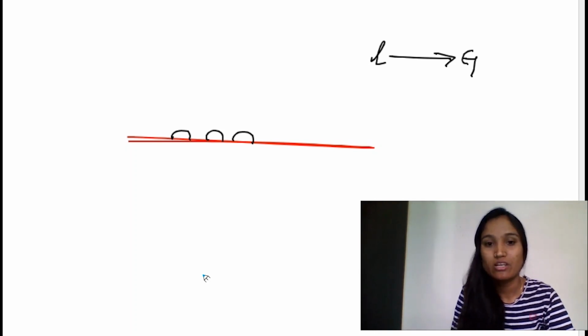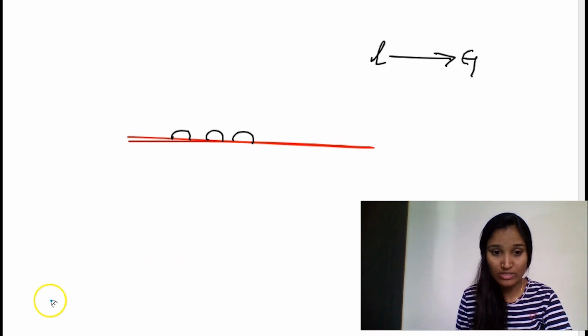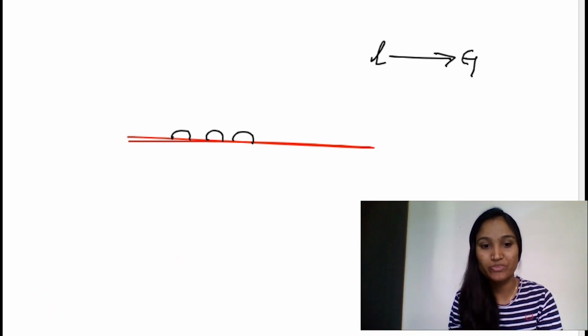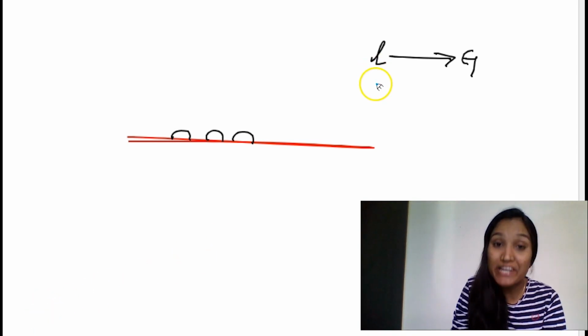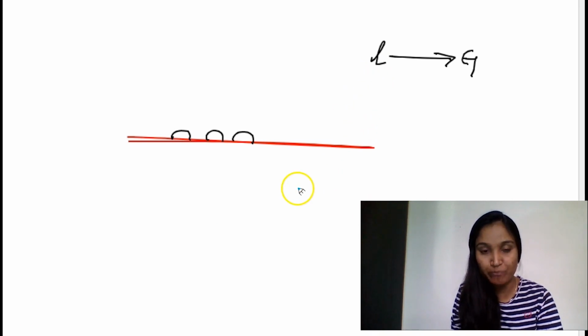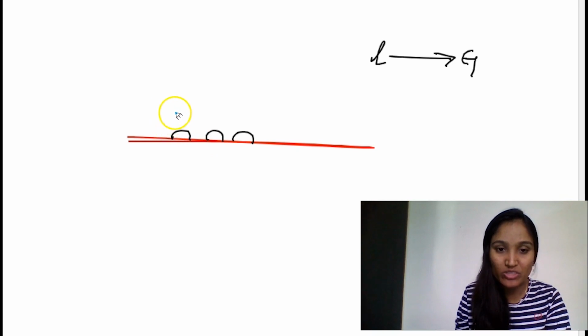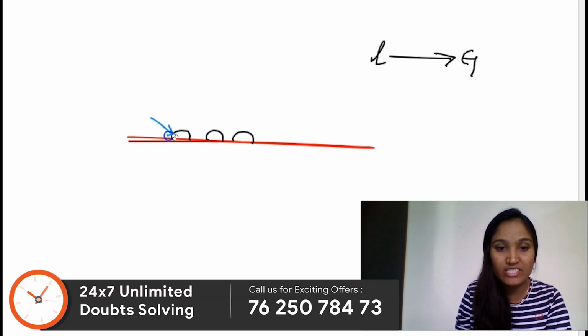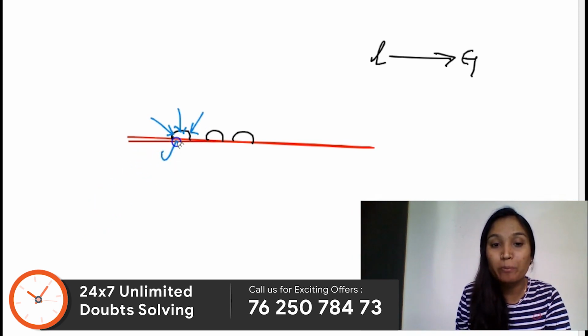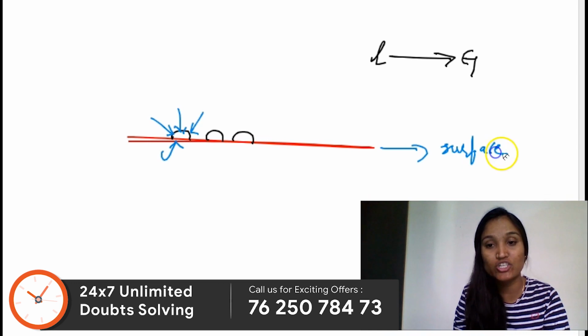Evaporation is a process in which a liquid gets converted into gas by absorbing energy from the surroundings. For these droplets to get evaporated, energy is absorbed from the surroundings and also from your palm. This is the surface of your hand.